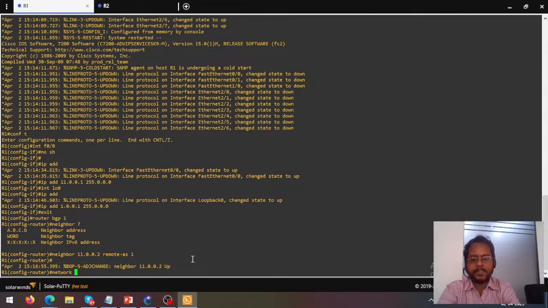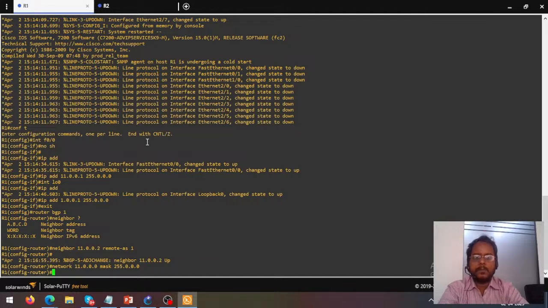Here we do not have the serial, so you advertise the network 11.0.0.0, the exact network, and you have to configure it this way with the mask, and it's 255.0.0.0. And also you can advertise the loopback. This is 1.0.0.0, and the mask is 255.0.0.0.